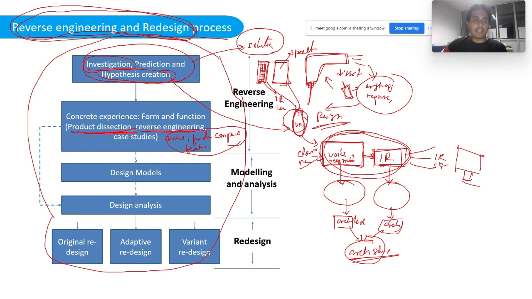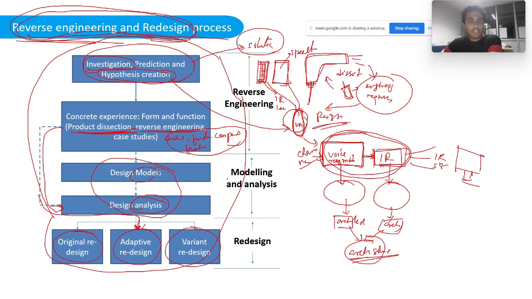Then if there is a requirement for redesign, modeling or analysis, you go for it, or you can directly adopt the understanding you gather from product dissection to your final designs. This way we go for the reverse engineering and redesign process. As an outcome we can have either an original redesign, an adaptive redesign, or a variant redesign.